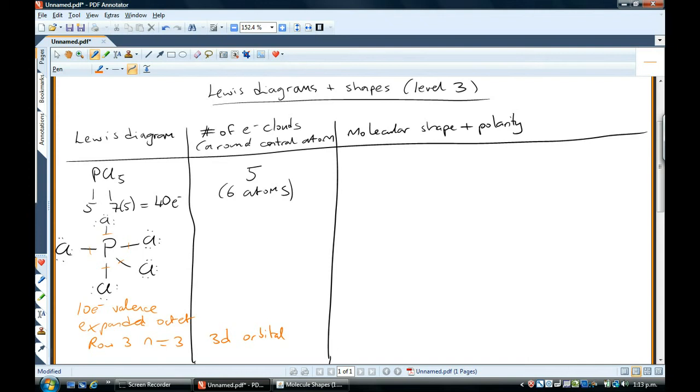Also, because the 3d is quite close in energy to the 4s, that can also accommodate another 2, which will be apparent in compounds with 6 electron clouds around them. But for phosphorus there's 10 electrons in the valence shell, and as a result it has an expanded octet.